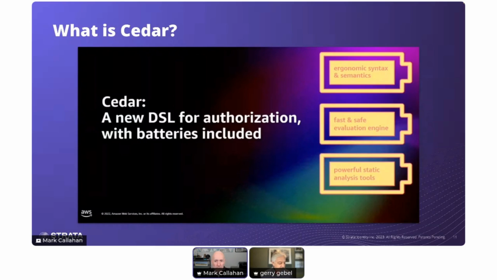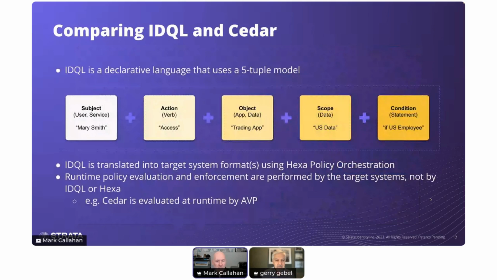Totally follow. Yeah, absolutely. And as we were thinking around the whys and hows of where we created IDQL, I can definitely see the parallels here. Absolutely. And furthermore, Cedar is a tuple-based language. It's subject, action, resource, and context.